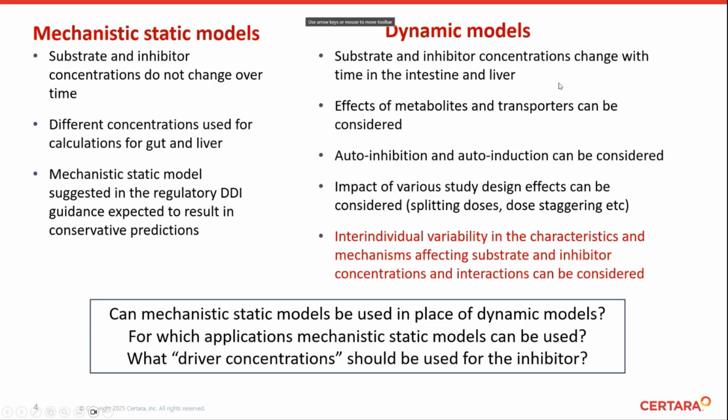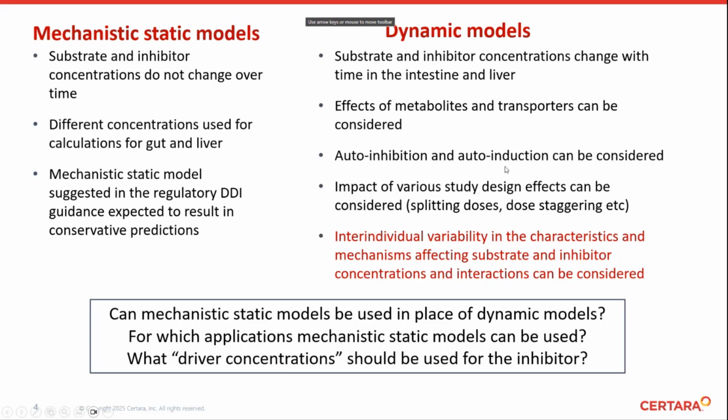With dynamic models, the substrate and inhibitor concentrations change with time in different tissues in the body, but here relevant for these interactions within intestine and liver. Some features that can be addressed with dynamic models, but not with mechanistic static models, are, for instance, effects of formed metabolites and transporters can be considered.